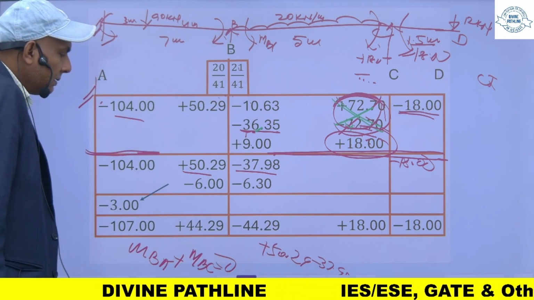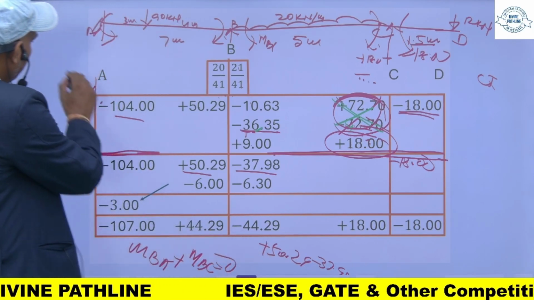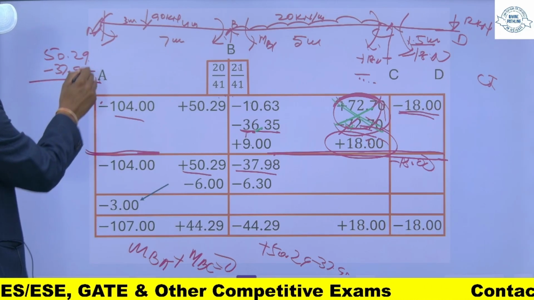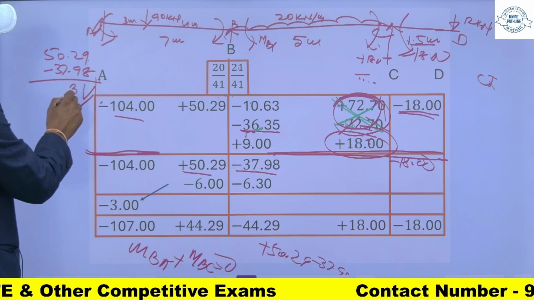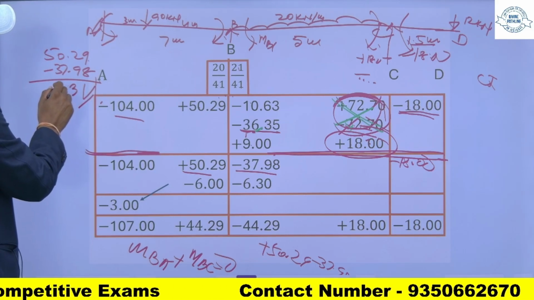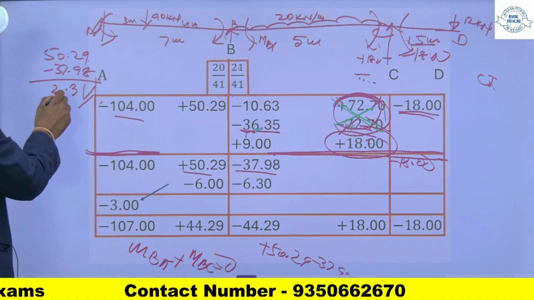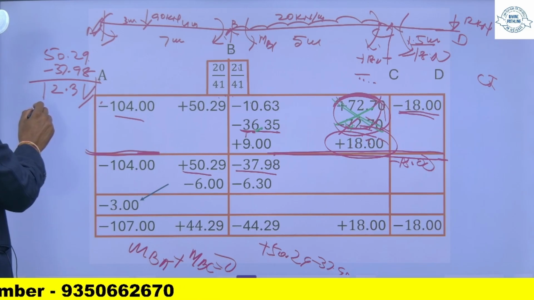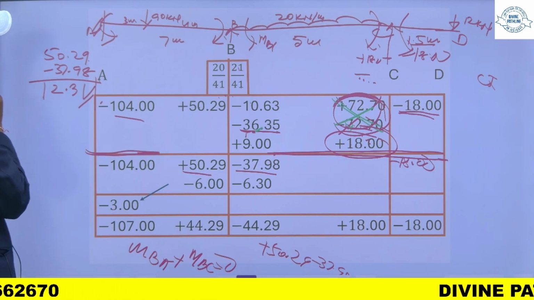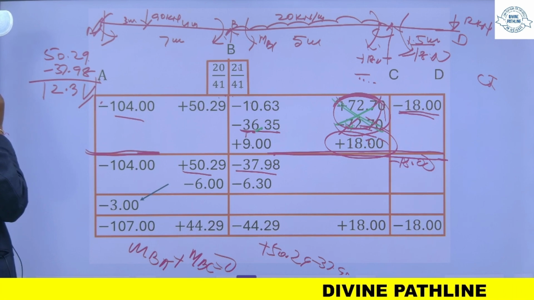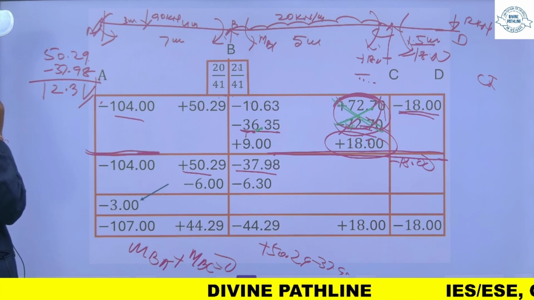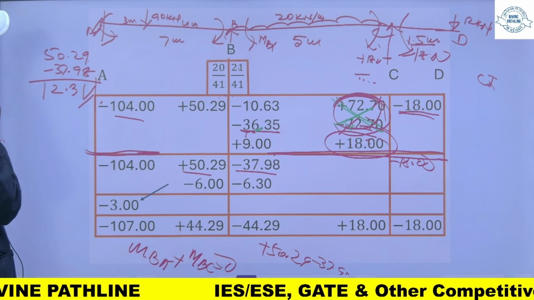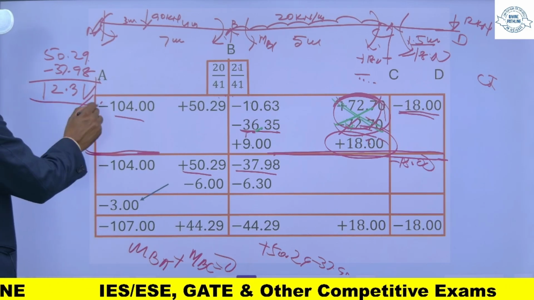It means plus 50.29 minus 37.98, which is 12.31.